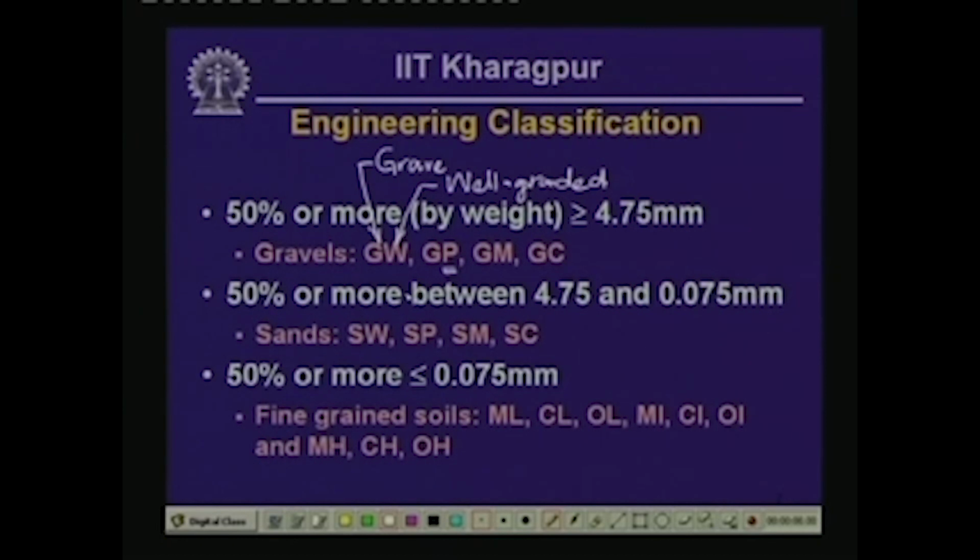Poorly graded has the same significance as well sorted soil. Then you could have silty gravel, and letter M is used to indicate silt in this case, or you could have clayey gravel, and letter C in this case indicates clay.